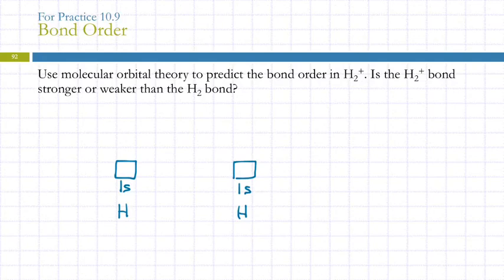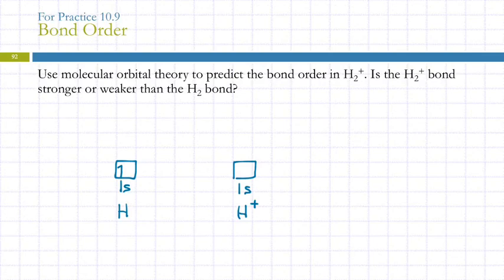Doesn't matter which side you put it on. I'm going to put it over here. So how many electrons does a hydrogen atom have? 1. So we put this electron spin up in the 1s orbital. How many electrons does a hydrogen ion have? None. 0. So this is just empty.